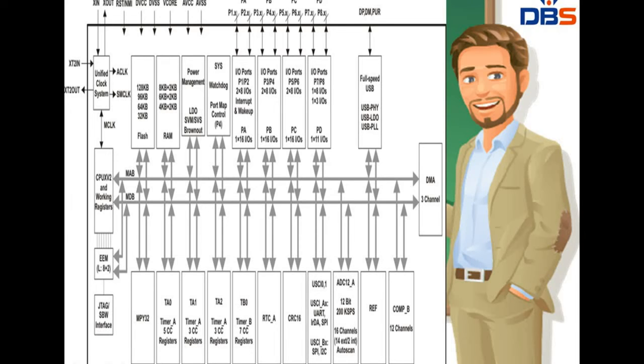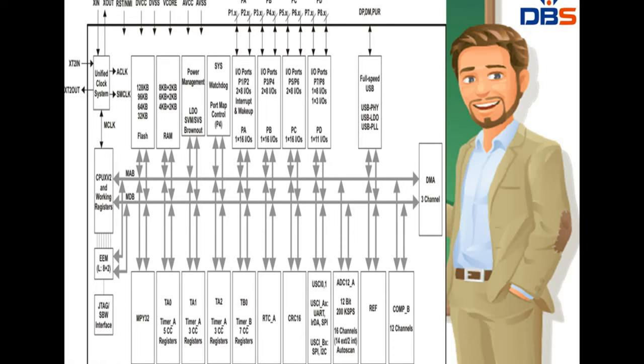So coming to the IO ports, here we have port A, port B, port C and port D. Here we have port 1, port 2, port 3 and port 4. In the same sense we have 8 ports, that means port 1, port 2, port 3, port 4, port 5, port 6, port 7, port 8.